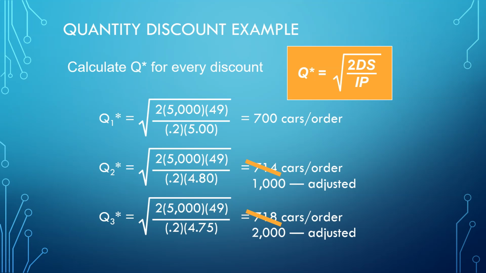Then the second discount we adjust to 2000 and get $4.75. So instead of 718, 2000.